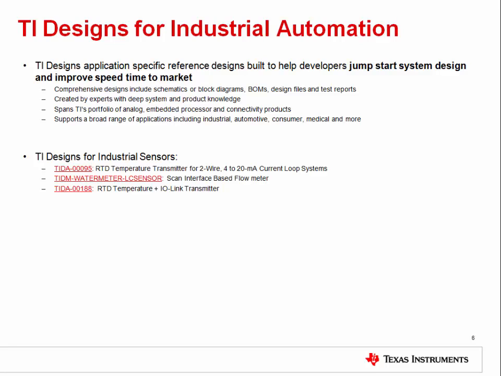They are created by experts with deep system and product knowledge, spanning TI's portfolio of analog, embedded processor and connectivity products. TI designs support a broad range of applications including industrial, automotive, consumer, medical, and many more. We will dig deeper into 3 TI designs for industrial sensing. These are shown on your screen.